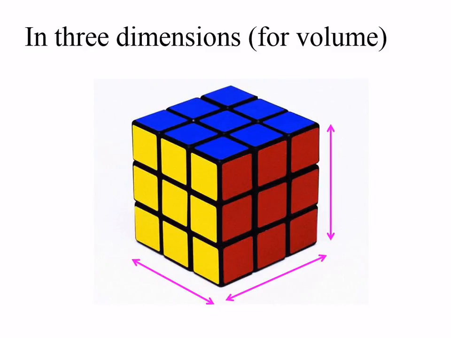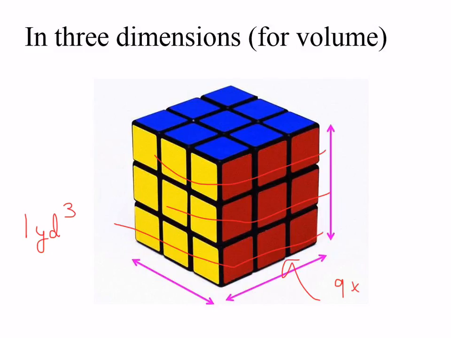So this is 1 yard cubed. And each layer is what, 9? 9 units, and we have 3 layers. So 9 times 3. I bet there's 27 of those little boxes. Cool.